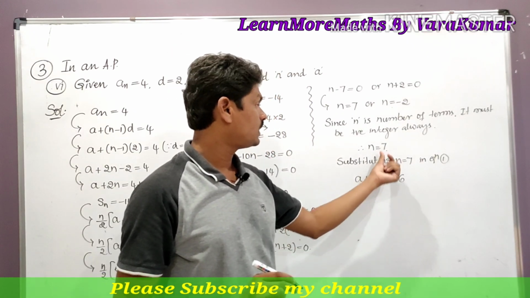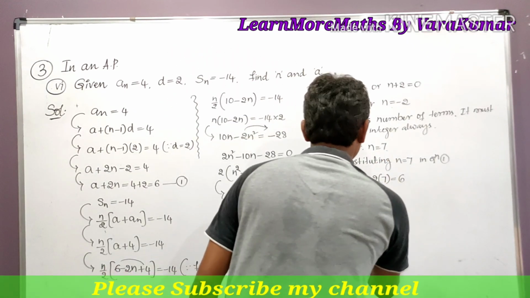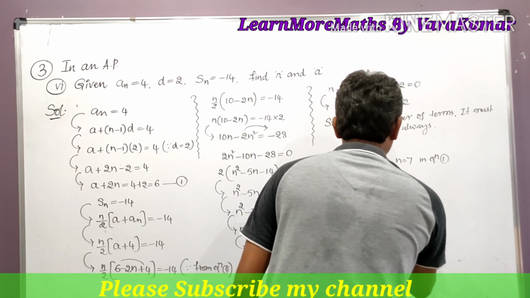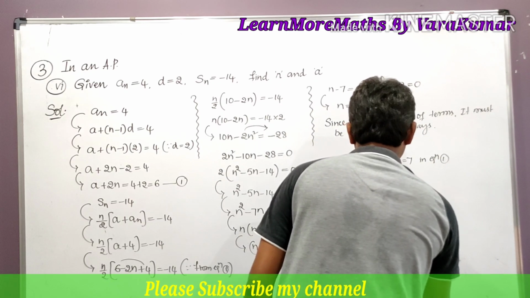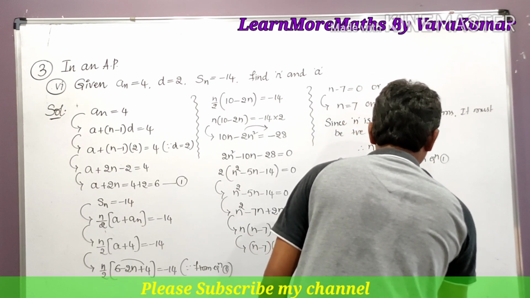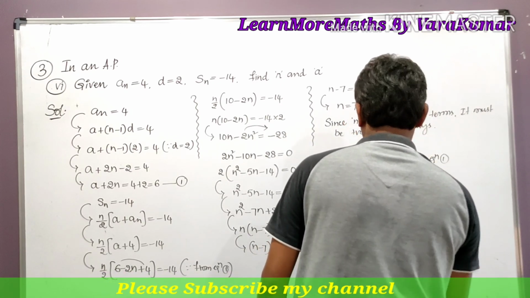I have substituted n equal to 7. So from this, a plus 2 into 7, 14, is equal to 6. a is equal to 6 minus 14, that is minus 8.